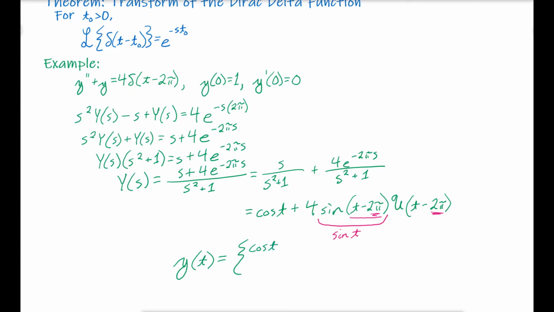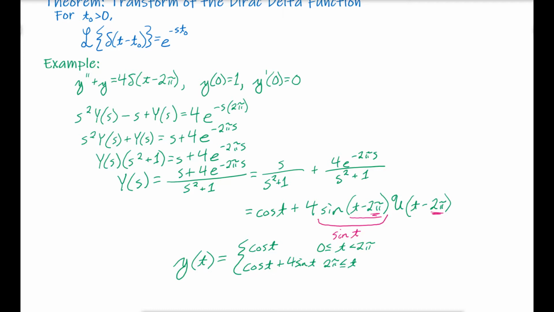That's outside of this shifting thing that happened. And when we are between 0 and 2 pi, this unit step function hasn't kicked in yet. So this has not been turned on. This part's not there yet. But after 2 pi, so 2 pi is less than t, then it's turned on and we end up with 4 sine of t added in.